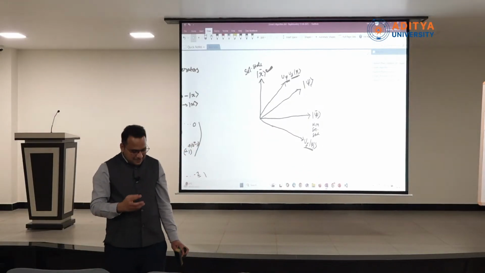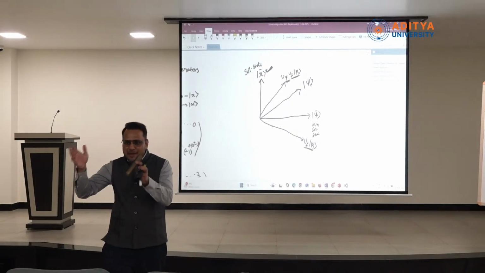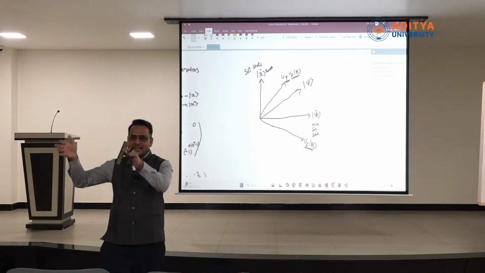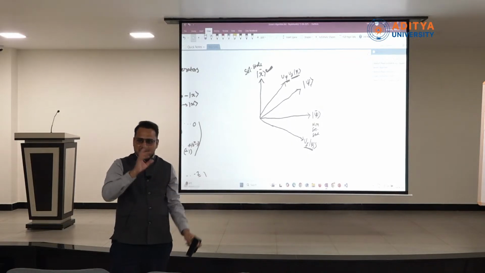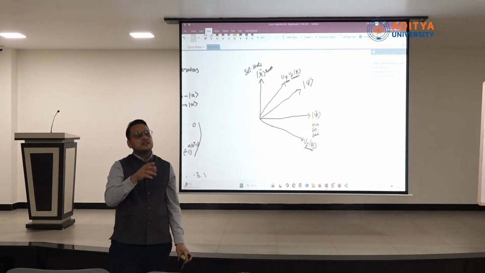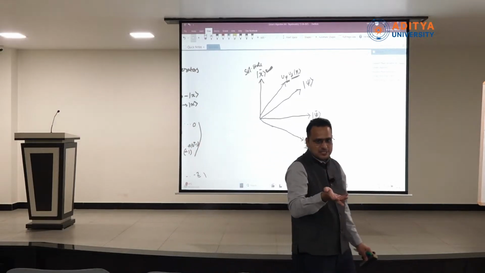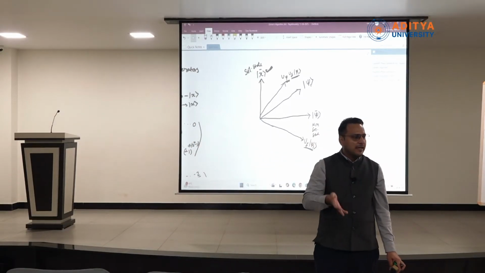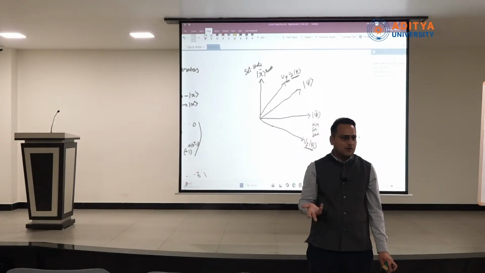Okay, so why this theta by 2? Because again we are mapping from 3 dimensions to 2 dimensions. When we see that the quantum states remain orthogonal to each other in a 2-dimensional perspective, 90-degree angle means they are orthogonal.